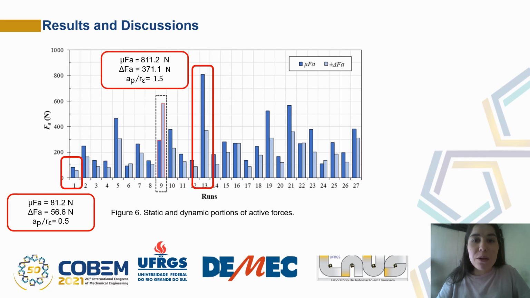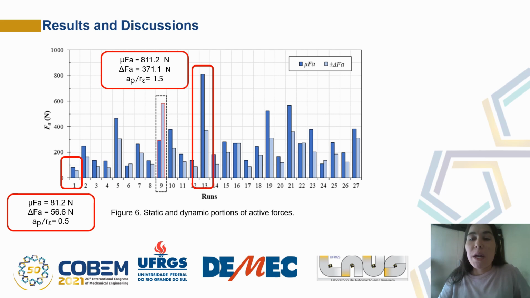The smallest values of active force occur during run 1, for both static and dynamic portions, because it has the smallest cross-section area. The depth of cut and nose radius ratio is 0.5. The highest values were generated in run 13, with depth of cut and nose radius ratio of 1.5.